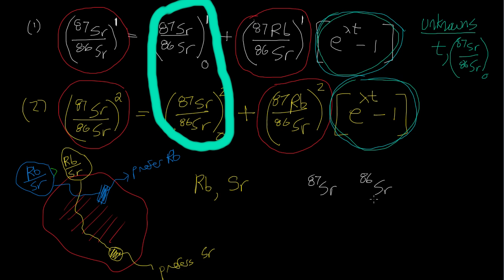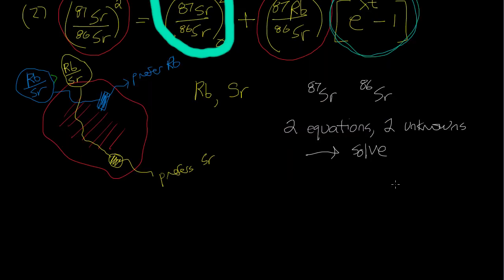So here we have two equations and only two unknowns. So we can solve it. We can solve it algebraically, or we can solve it geometrically.